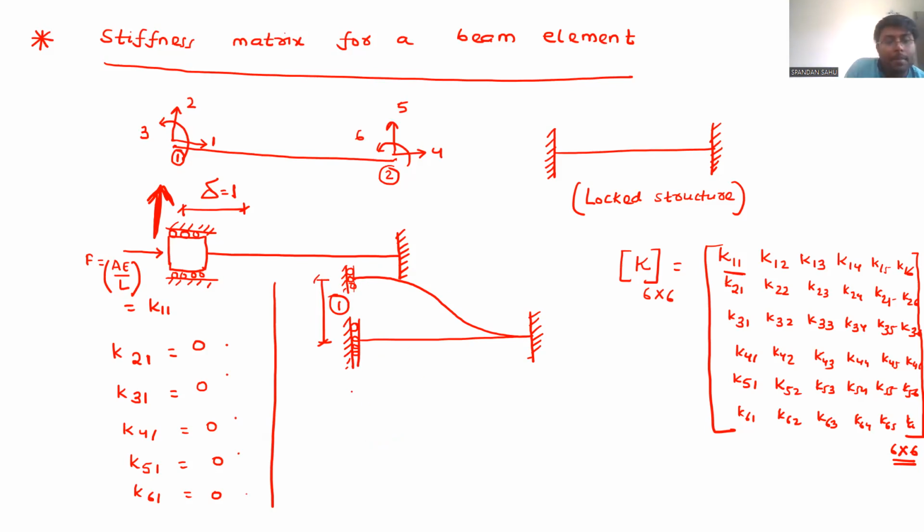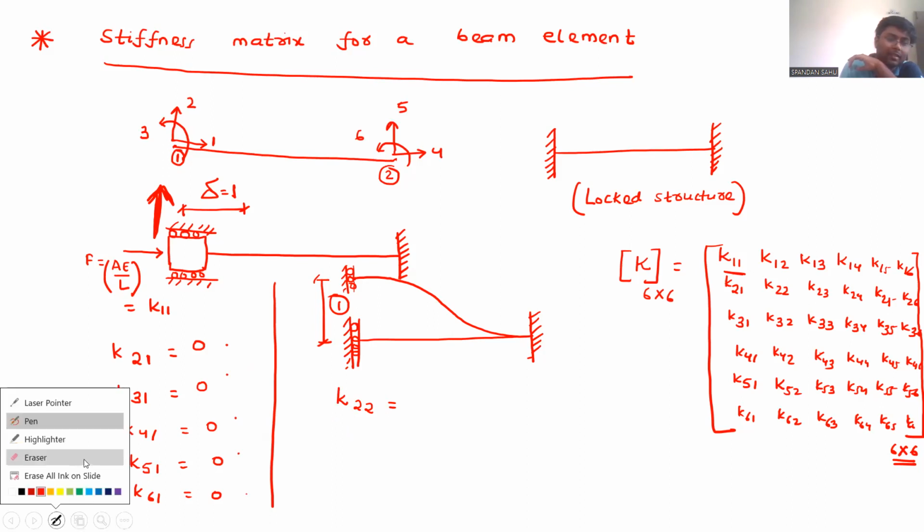Now you tell me, what will be K22 first? 6EI upon L square. How come you got 6EI upon L square? Because from that fixed end moment equation.